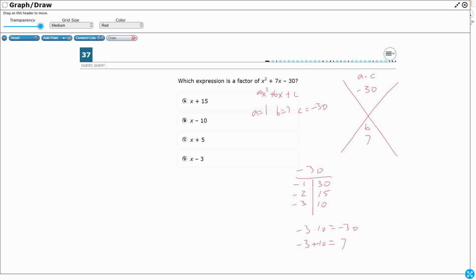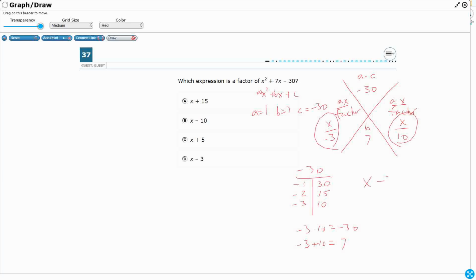So we're good here. Then what we write over here are the ax over the factor, and then the ax over the factor. We don't have an a, it's just a 1. So really it's just going to end up being x over negative 3, and then x over positive 10. Those are my two factors.